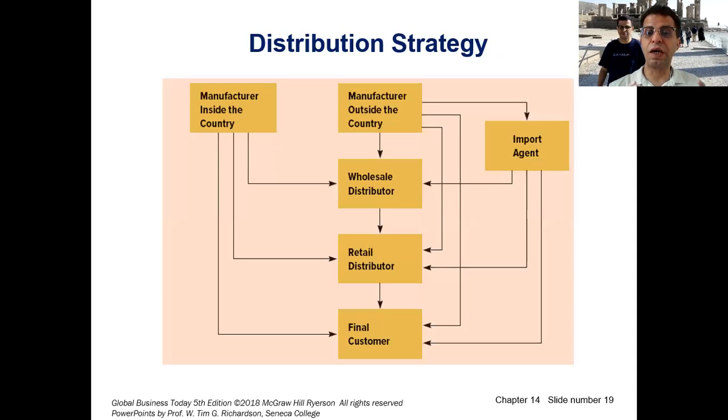And the distribution could be done by the manufacturer inside the country. Once it's done inside the country, what will happen? You will have a wholesale. You have a manufacturing inside the country, then you go straight to the wholesale and retail distributors and could be the final consumer. So you have three options if it's inside the country.